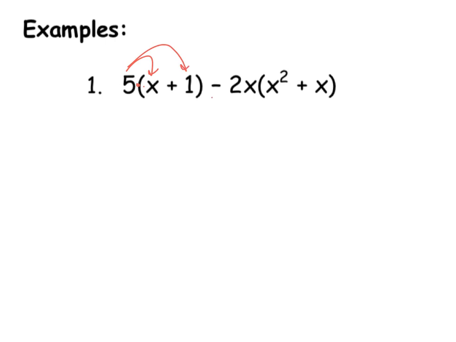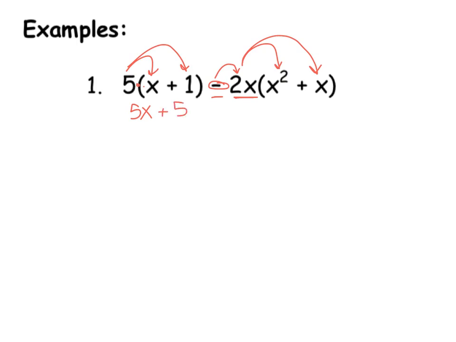Here I'm subtracting 2x times each of the terms inside here, and that gets a little tricky. We can think of it as adding a negative 2x times those things. That minus sign kind of belongs to the 2x as a negative sign. Okay, so let's start with the 5. I have 5 times x is 5x, and 5 times 1 is 5.